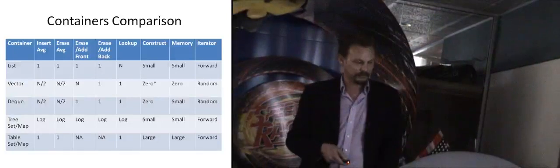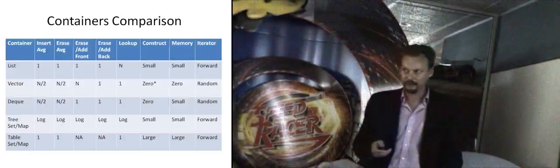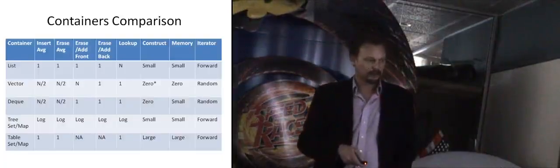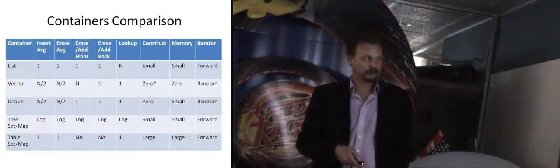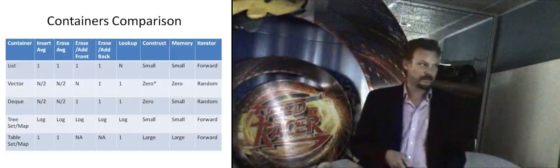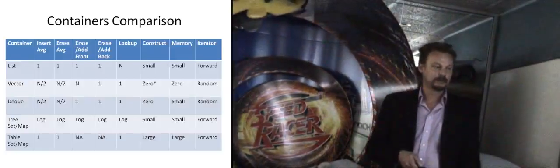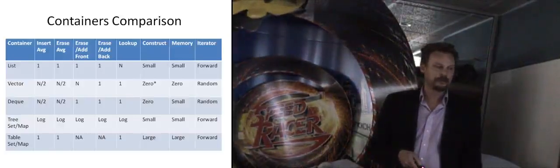But for tables, which are the unordered sets and unordered maps that you'll all start using, I hope, correctly and at the right times, you've got constant time insert, constant time erase, and constant time lookup.